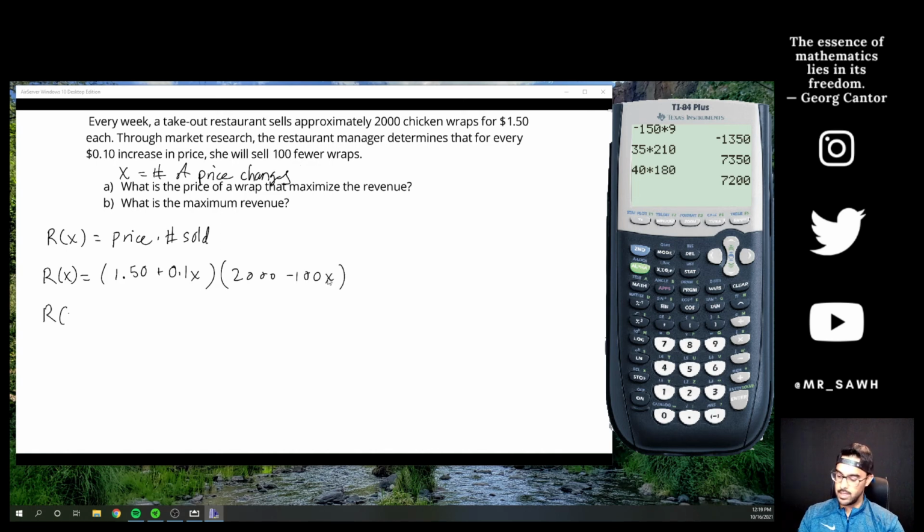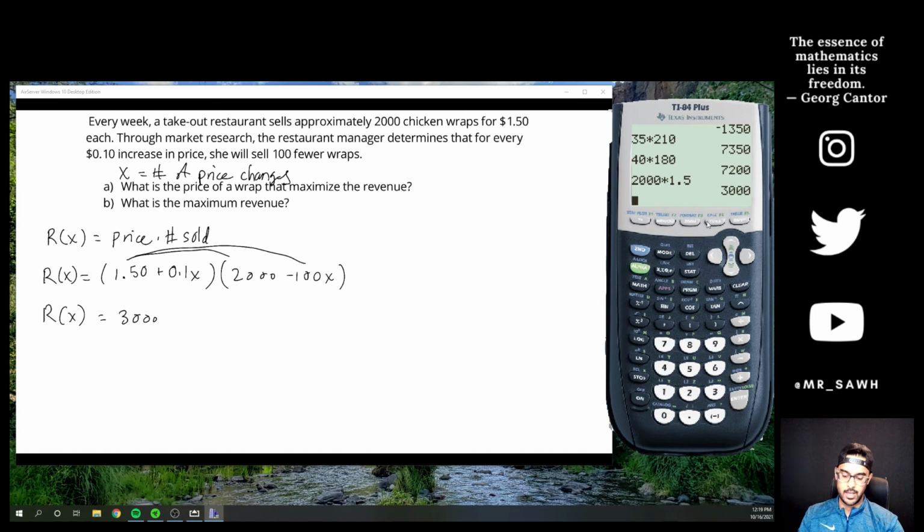So we'll do the same thing, expand. So 2,000 multiplied by 1.5, that's 3,000. So that's this term. And then 150 multiplied by 100x, so minus 150x.